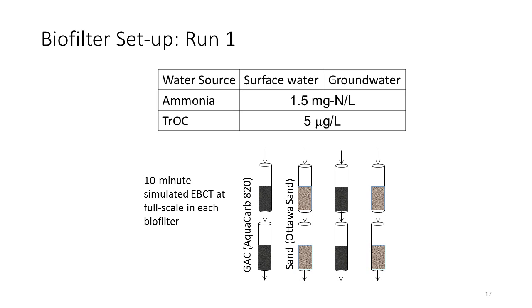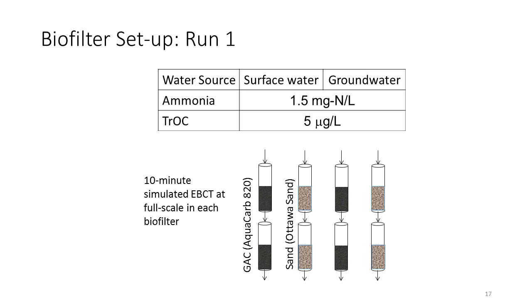And so for our setup, we had 2 of our columns with surface water, 2 of them with groundwater. The groundwater naturally had ammonia, and the surface water we amended with ammonia, and then we also amended with a suite of 10 trace organics.